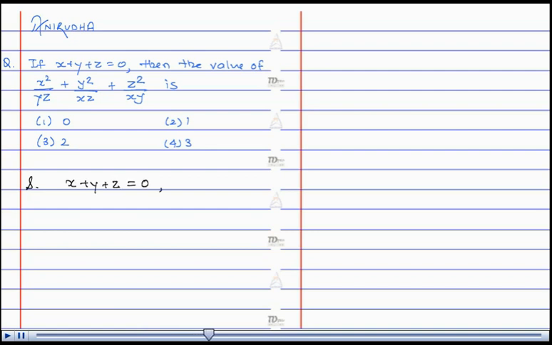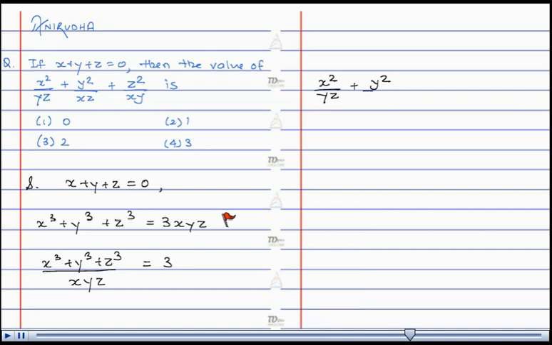Now when it is given that x plus y plus z is equal to 0, then we can write the identity x cube plus y cube plus z cube is equal to 3xyz. Dividing both sides by xyz, we can write x cube plus y cube plus z cube upon xyz is equal to 3, or x square by yz plus y square by xz plus z square by xy is equal to 3.